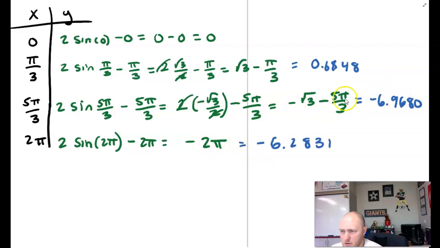So given here, we can see that our absolute maximum occurs at pi thirds, and our absolute minimum occurs at 5 pi over 3, okay?